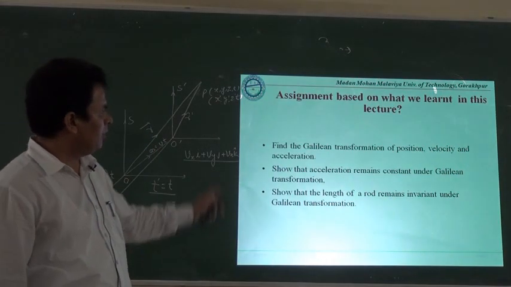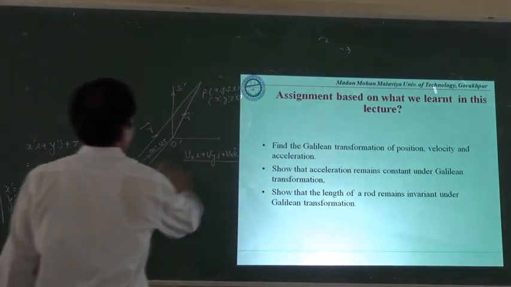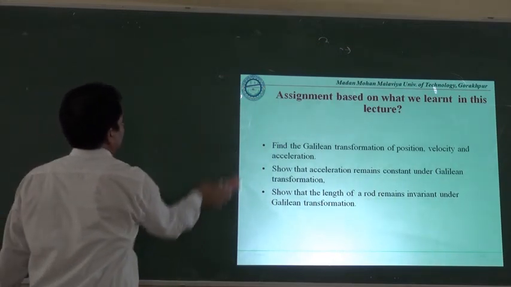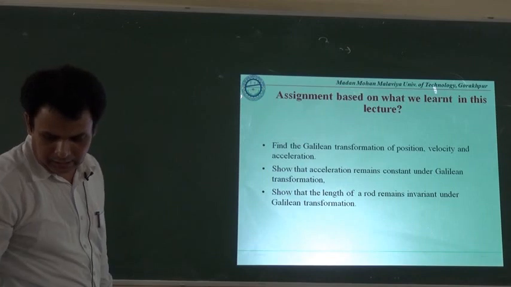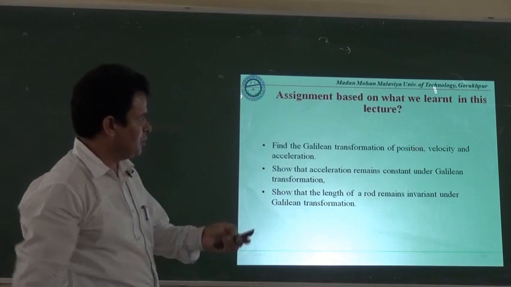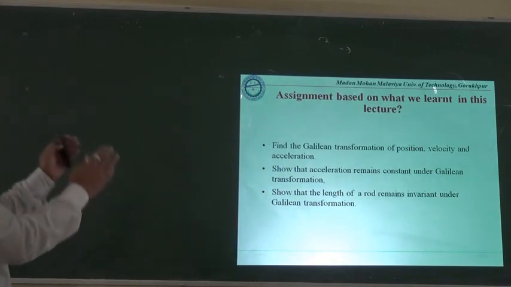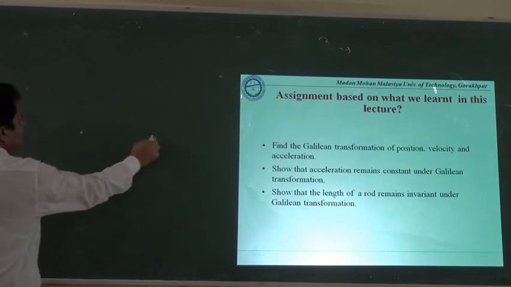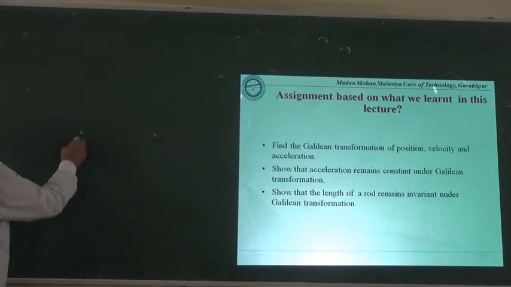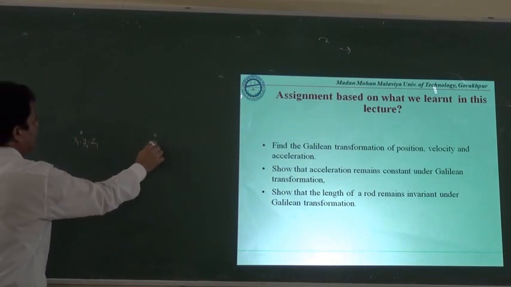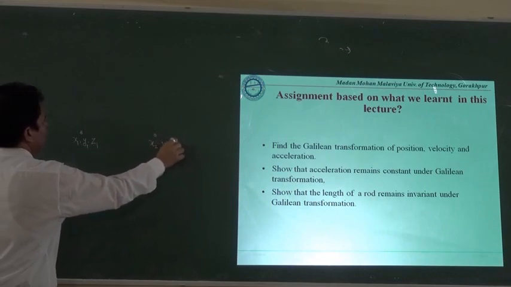Regarding these questions, there are some more points I wish to discuss about the consequences of the Galilean transformation equation. Let us first take position. Position means the difference between two points. For example, we have this position and this position, with coordinates x1, y1, z1 and x2, y2 and z2.